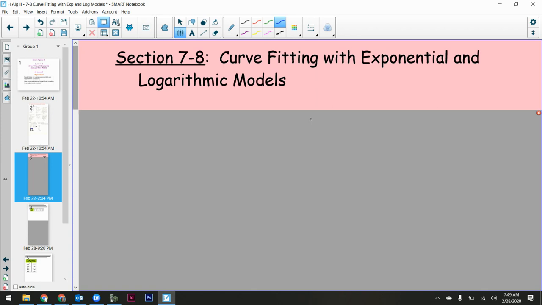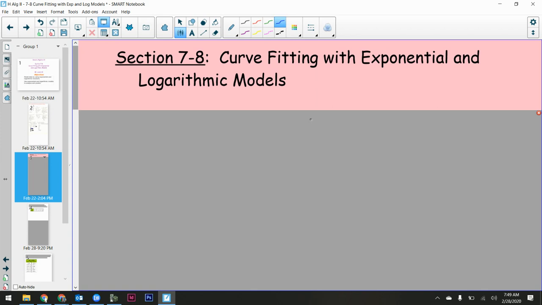All right. So this is another section that we've done in every single one of our chapters so far. Now we're going to do curve fitting. What does that mean? That means we're going to get our calculators, put them in our lists, run our regressions. Remember back in linear regressions, there was only one option. In quadratic regression, there was just one option.